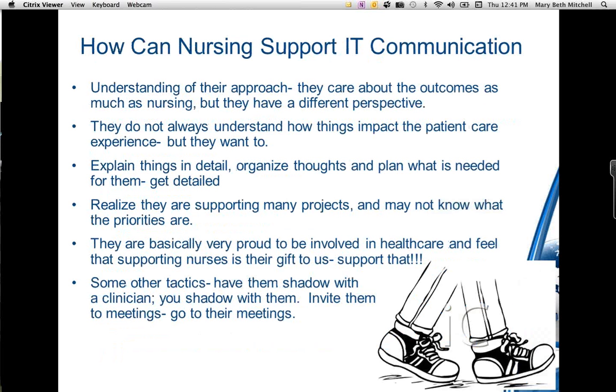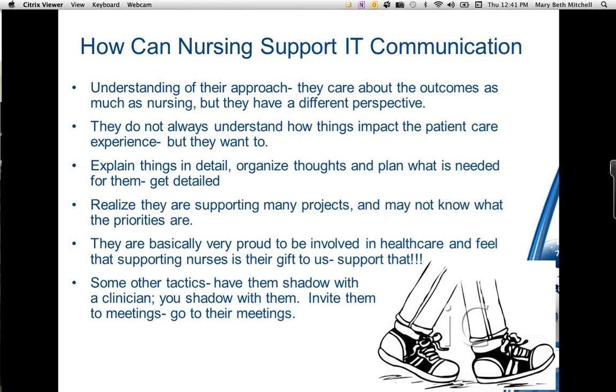So how can we, as nursing, support IT communication? I think we really need to understand their approach, that they care about the outcomes as much as nursing, but they do have a different perspective. And they don't always understand how things may impact the patient care experience, but they want to. And as more and more clinicians are entering IT, I think that's changing.